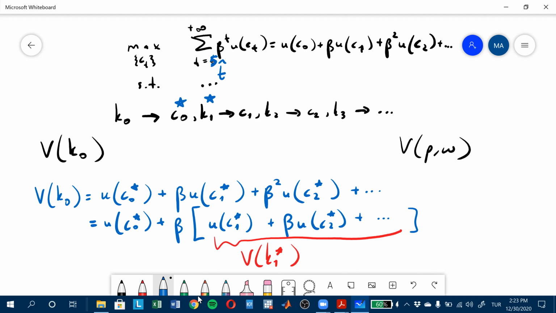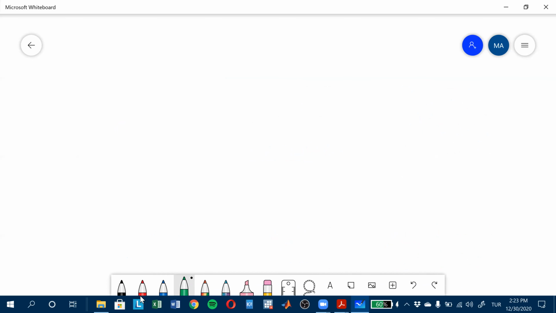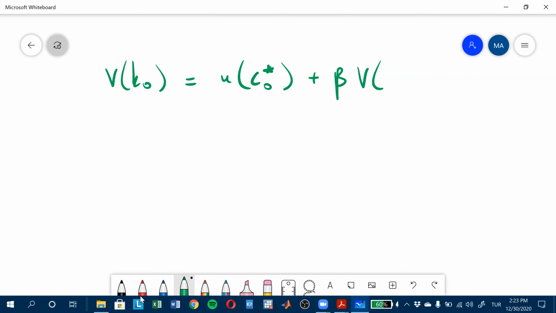Then I have this form. So if I rewrite this, I have V(K0) equals u(c0*) plus beta V(K1*). Now that's the first step.